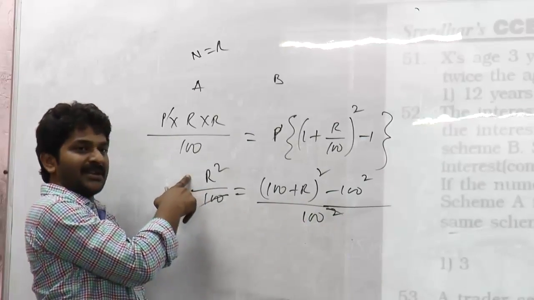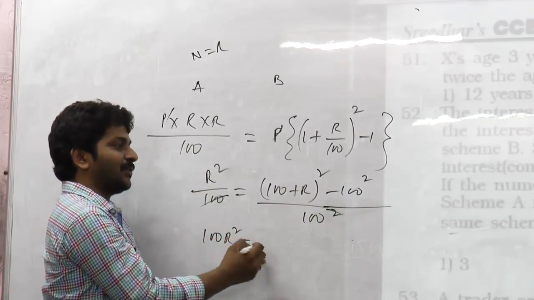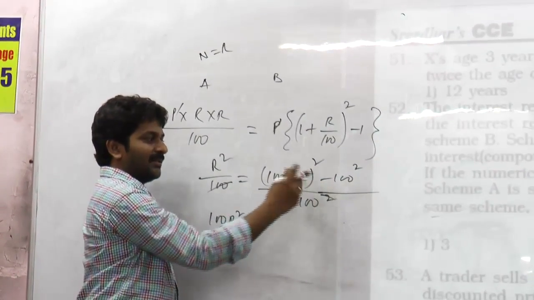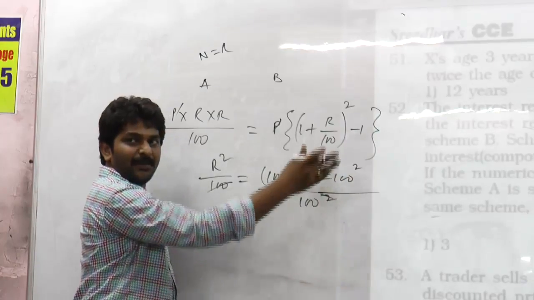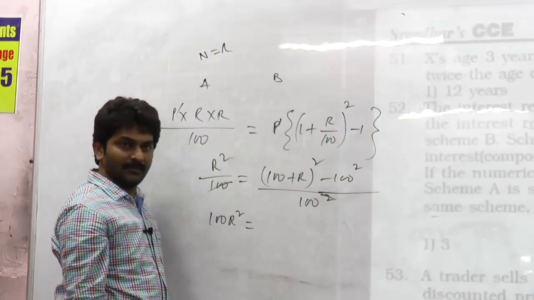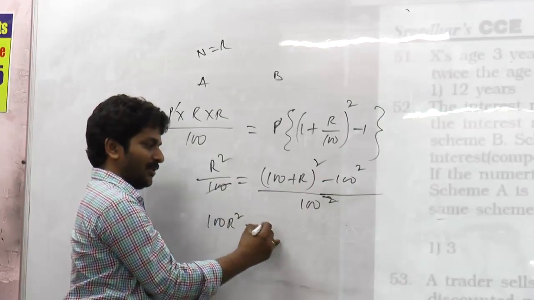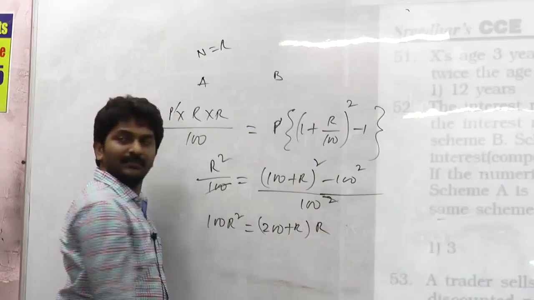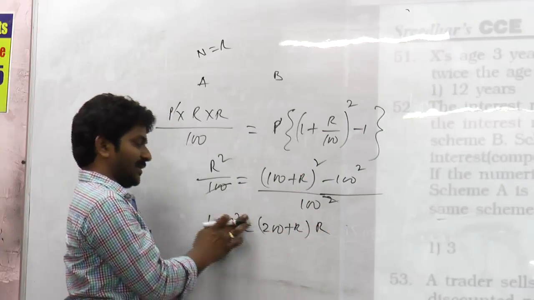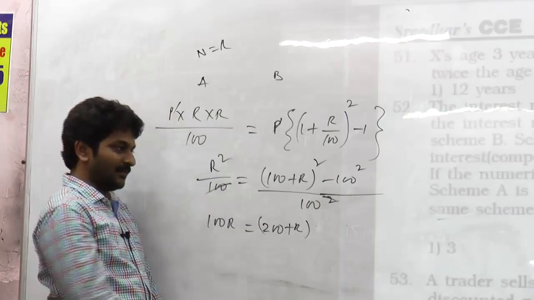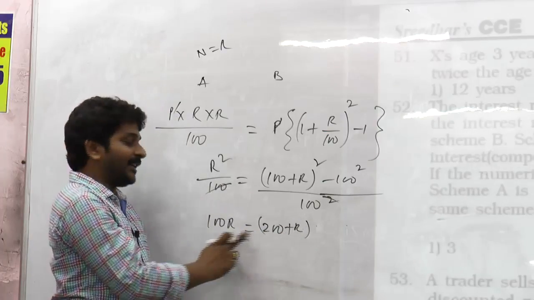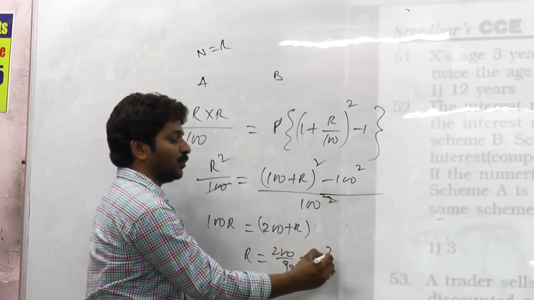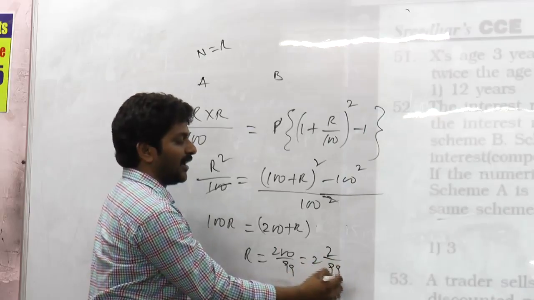Cancel, 100 comes to this side. 100r square is equal to (a plus b) whole square minus a square minus b square, a plus b into a minus b, a plus b 200 plus r, a minus b r. Simply I can write it as r square, r gets cancelled, r comes to this side, 99r is equal to 200, r is equal to 200 by 99, which is 2 by 99%.